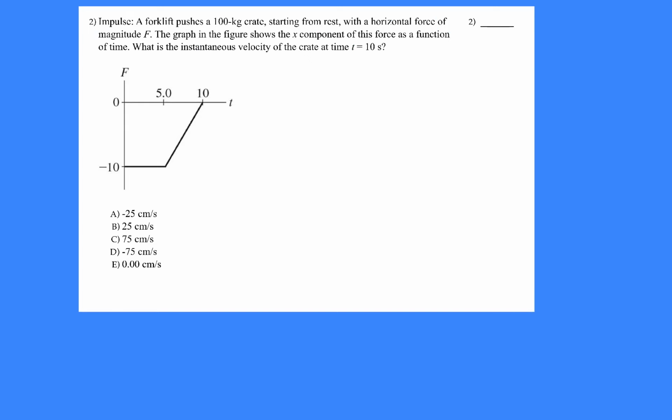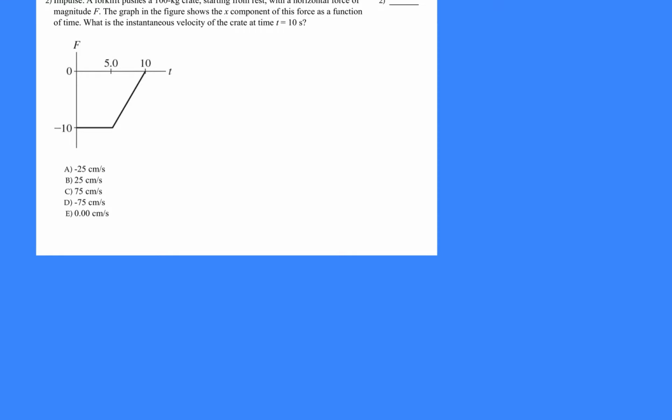Impulse. What is impulse? Impulse is force during the time, delta t. And what does the force acting over time produce? Well, the force Fx acting over the displacement produces a change in the kinetic energy.